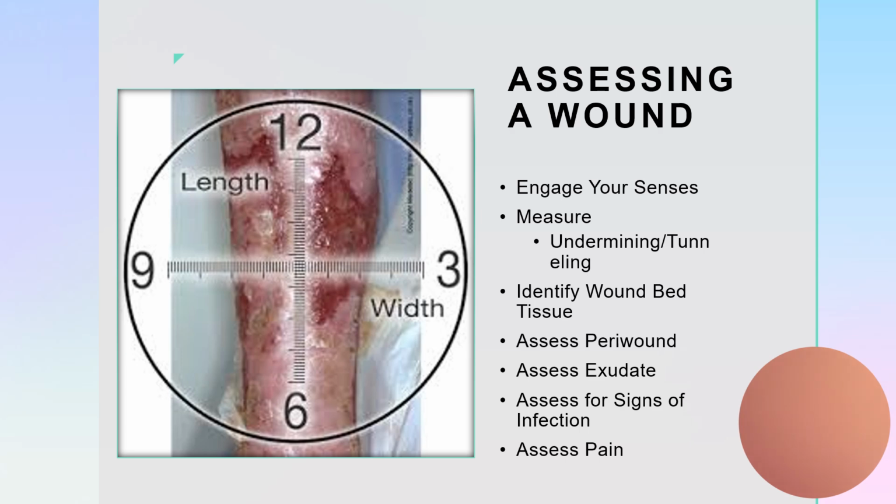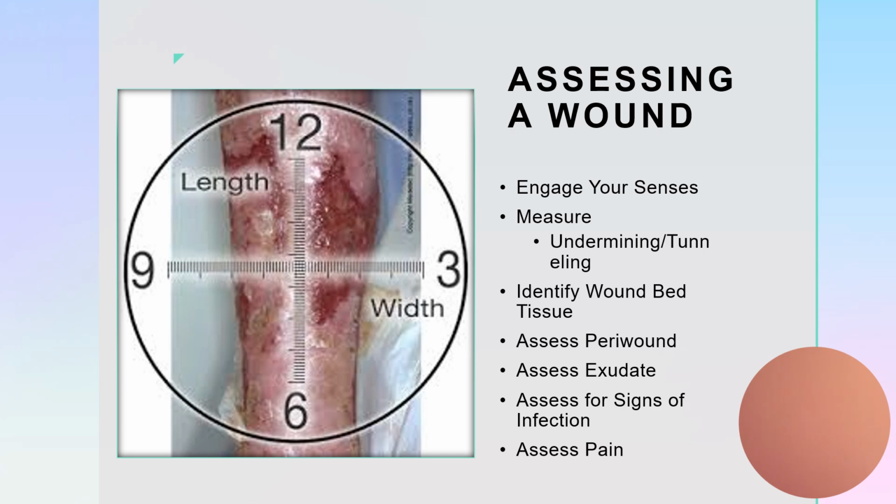Then we're going to measure the deepest point of the wound. Now, some wounds are going to be extremely shallow, so it will always have at least a 0.1 millimeter or centimeter depth. We're going to place the tip of a cotton-tipped applicator into that deepest part of the wound base.